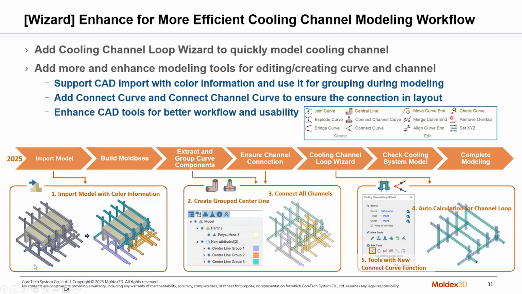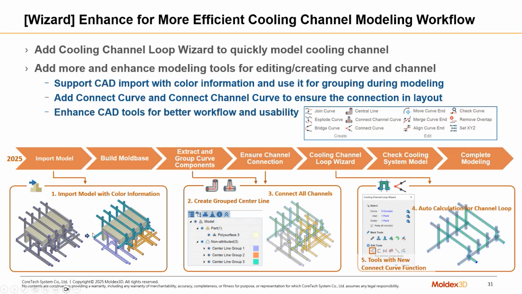All right, and so there is a new input for any sort of mold geometry that you import into Moldex3D. You'll get a message that'll ask if you want to keep the original colors of your cooling channels or of your mold components as they were in your CAD system. So it'll be able to read those colors into Moldex3D automatically.